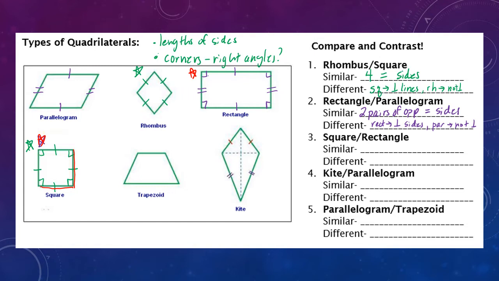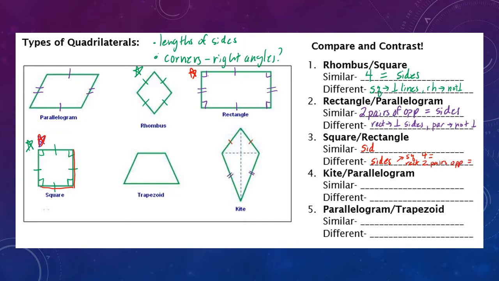So I'm going to say that the sides are different. I'm sorry, I did this backwards. So the sides are different. In a square, you have four equal, and in a rectangle, you have two pairs of opposite equal sides.